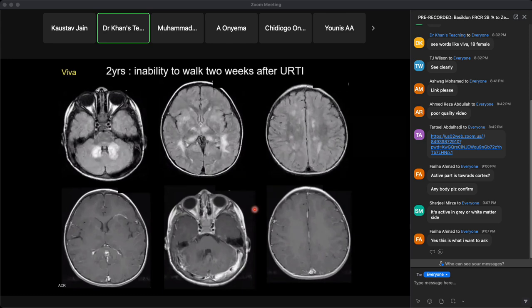There is no contrast enhancement in this context. In a young child that's got an URTI, I think this is likely to be ADEM.